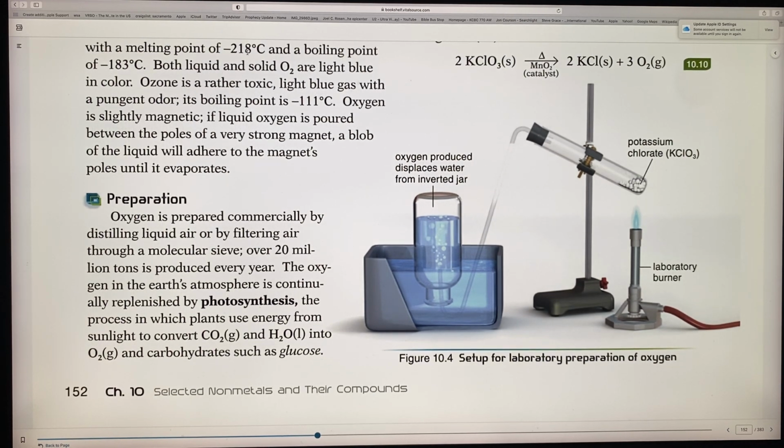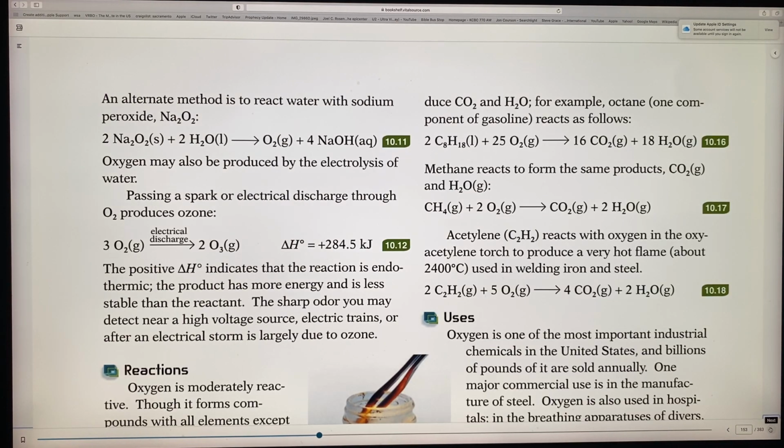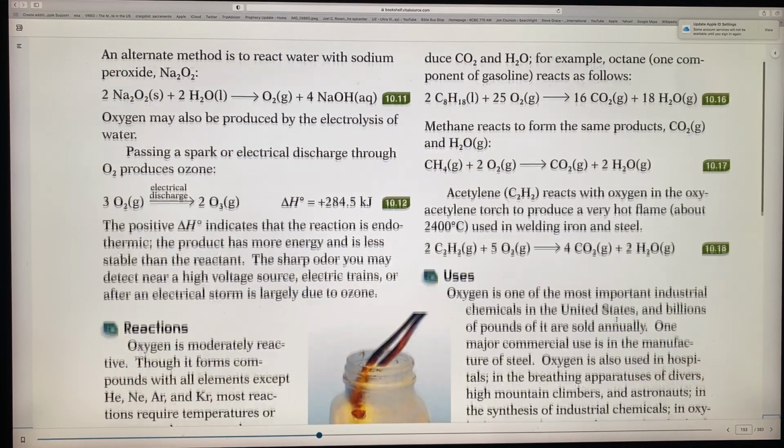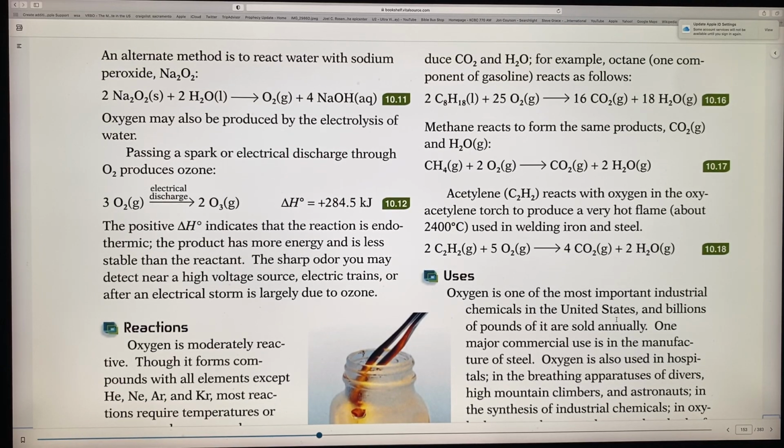And an alternate method is, of course, instead of using potassium with the K, you can always use sodium. Sodium is the symbol Na.